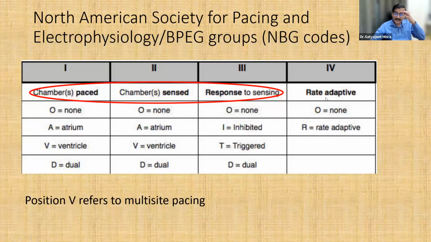For permanent pacemakers, there's something called the rate adaptive feature. Here, O means you don't have rate adaptation, and R means you have rate adaptation. Rate adaptation means, say we are sitting and listening to this talk, our heart rate is at a basal rate of, let's say, 70. But the moment we get up, go out in the evening, take a walk or play badminton, the heart rate is going to go up because of the exercise, and that's a physiological adaptation.